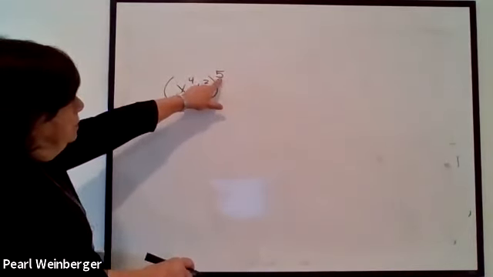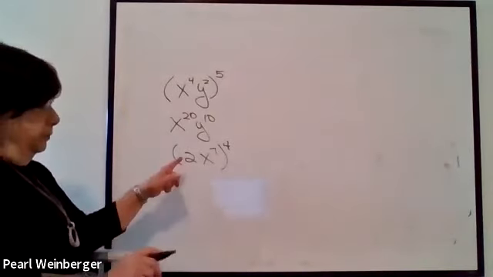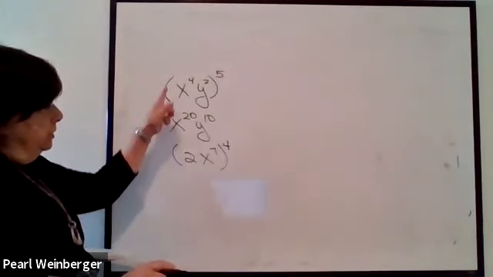Well, what if we have something like this? 2x to the 7th to the 4th power. What if it's not just letters that I have? Suppose I have an expression that also has a coefficient. Now remember what I did.